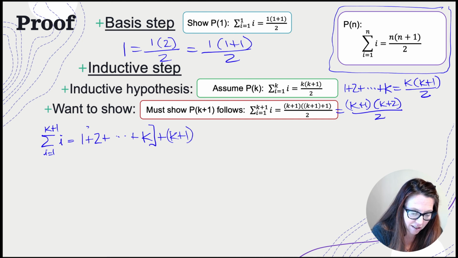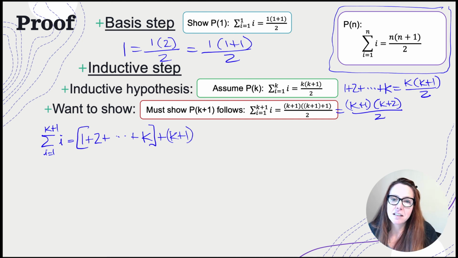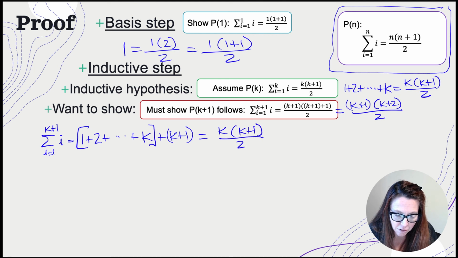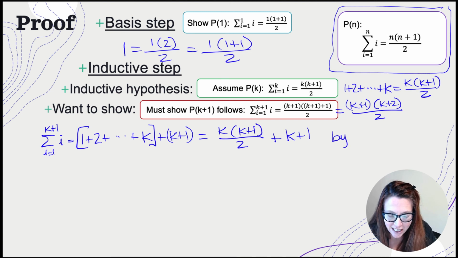But this here, that's what we know from our inductive hypothesis. So this is equal to k times k plus 1 over 2 plus k plus 1. And this is by our inductive hypothesis, by IH.